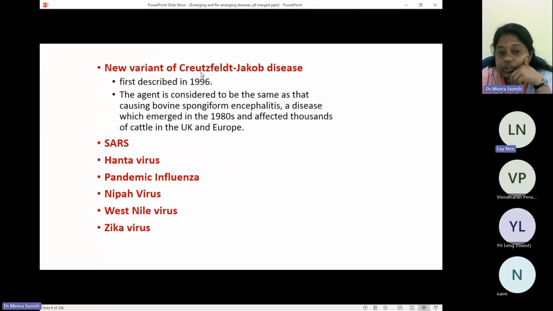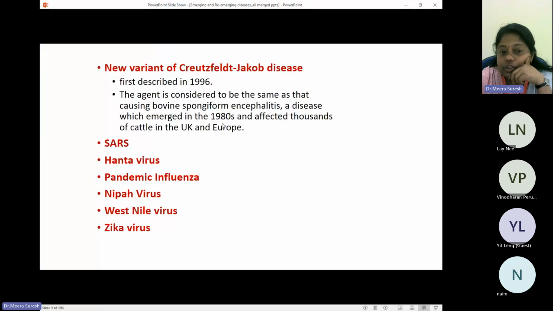Then there is another disease called Creutzfeldt-Jakob disease, which is also considered an emerging disease. It was first described in 1996. And this one is the same as that which causes bovine spongiform encephalitis, or what we call mad cow disease.